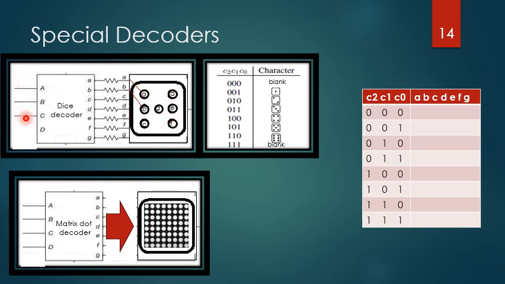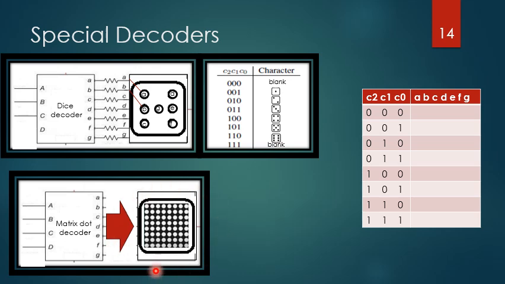If 0, 0, 1, then only the middle, the center dot is lit up. Okay, when 0, 1, 0 representing 2, only dot A and dot F turn on. Okay, so it could be this way. So you can have the function table, and more importantly, you complete the truth table before you move to the Verilog coding using case statement.